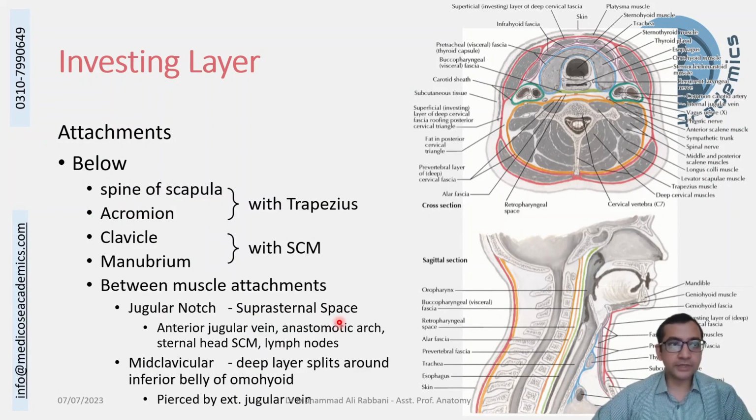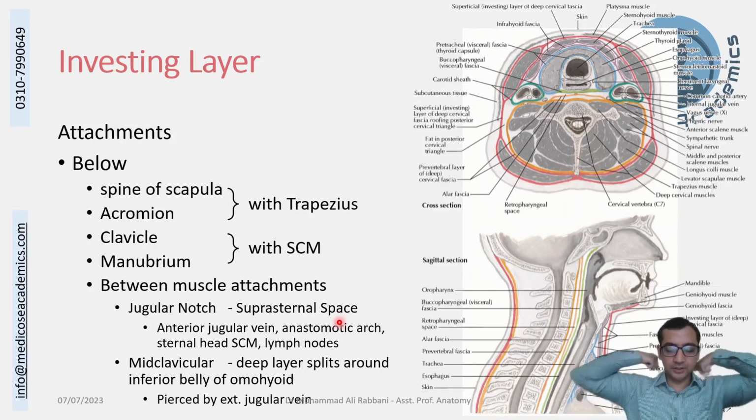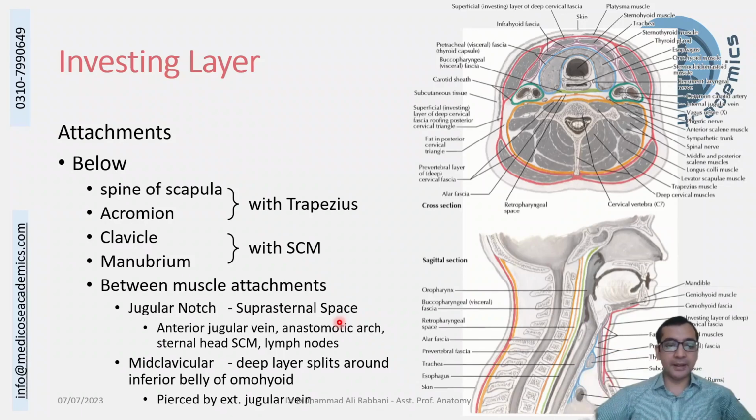Below, it is attached to the lower end. If we see from the front, what was the lower margin of the neck? Jugular notch, clavicle, acromion, spine, and back. If you go through them, it has muscle attachments.